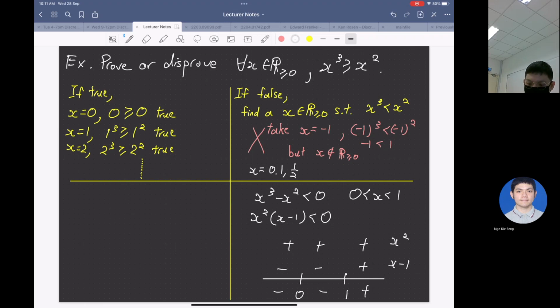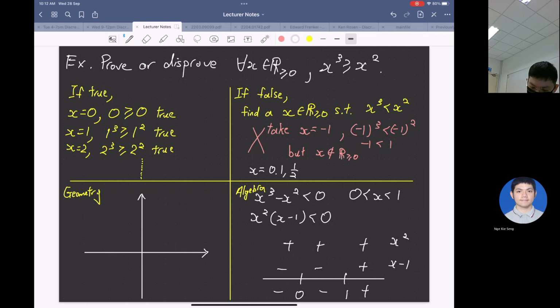But I got another, geometry proof. So this is the algebra proof, and I got a geometry proof. This is how I originally thought of this question. So in this geometry proof, I sketch these two curves.